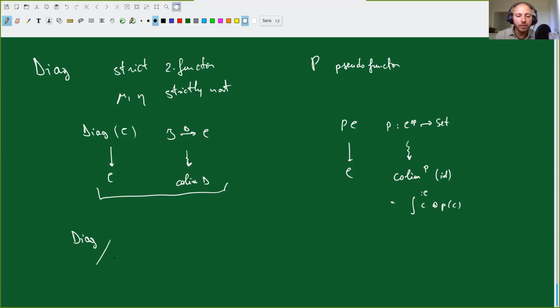Diag quotiented by having the same image, which is like being mutually cofinal, is the same thing as P. So we can view diag as a presentation of P, where the relations are given by this characterization of cofinality. Of course, P is a lot more direct, but at least to me, using diag gives a better idea of what's going on there. I don't know if this answers the question.